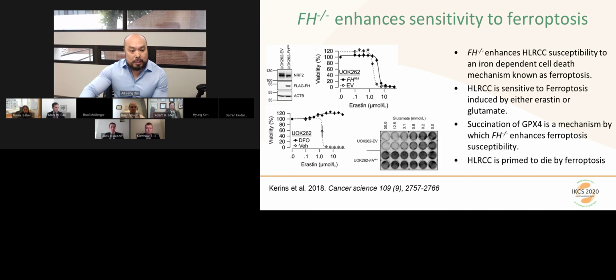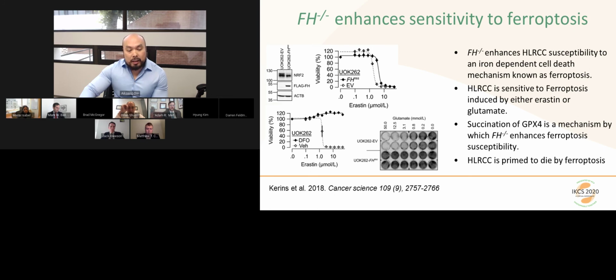So we re-express fumarate hydratase over here and then compare sensitivity to glutamate and erastin. As you can see, the HLRCC cell, which has the fumarate hydratase mutation, is more sensitive to glutamate than the FH rescue cell, and they are more sensitive to erastin as well. And this is just iron chelation treatment showing this is an iron-dependent cell death.